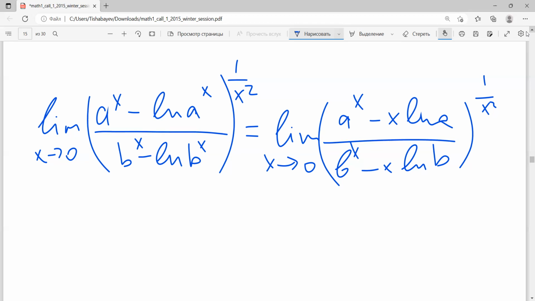If you put 0 instead of x, you get 1 to the power of infinity, yes? So it leads to e.